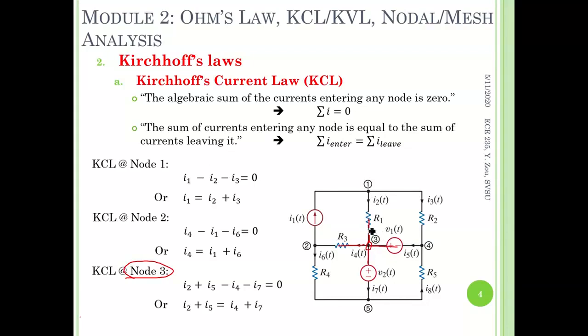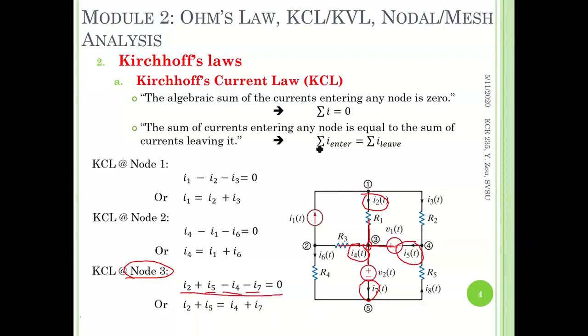You can tell I2 is entering node 3, I5 is entering node 3, and I4 and I7 are leaving it. So you write I2 plus I5 plus negative I4 plus negative I7, and the sum of them equals 0.